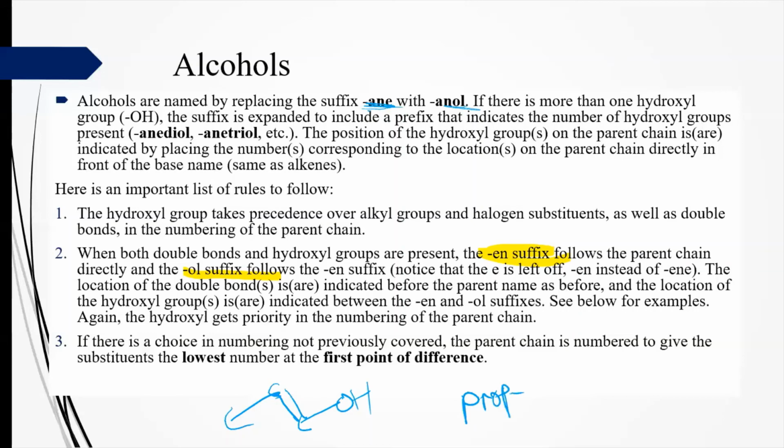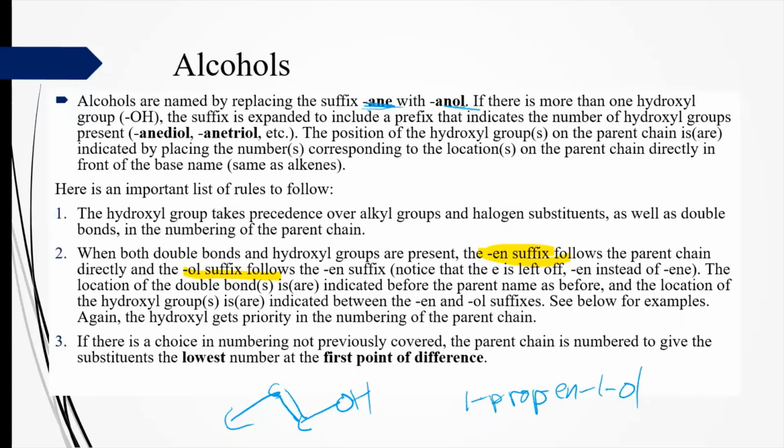This is going to be 1-ene, 1-ol. And so that's how you can go through and name that part. Sorry, the number for this group here should be moved forward. That should be 1-propene, 1-ol. There we go. That makes more sense.